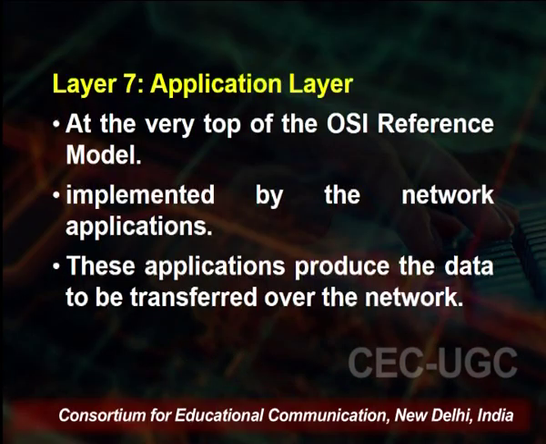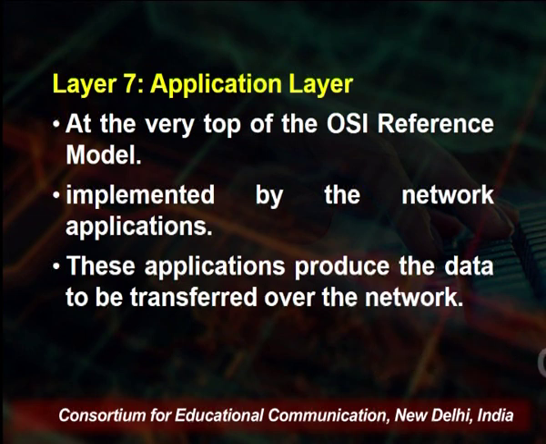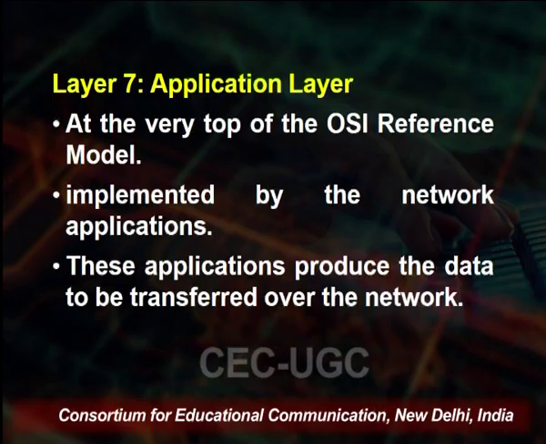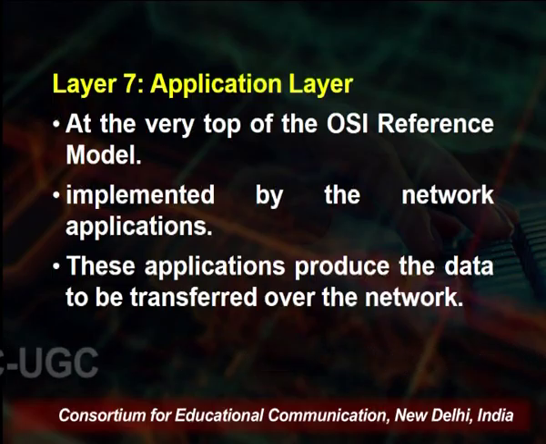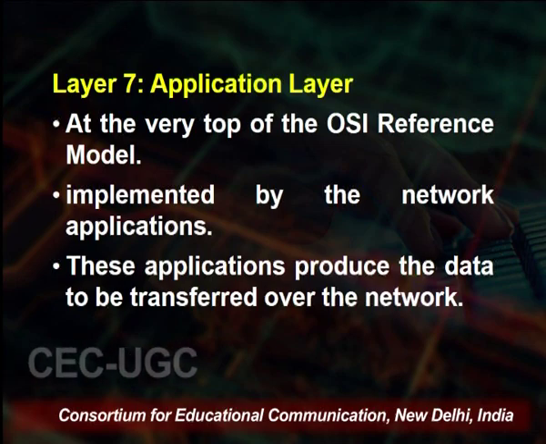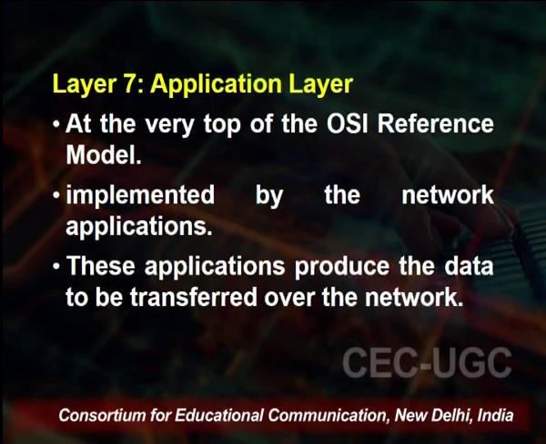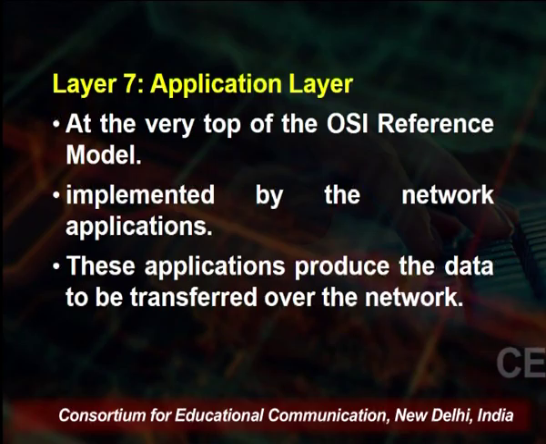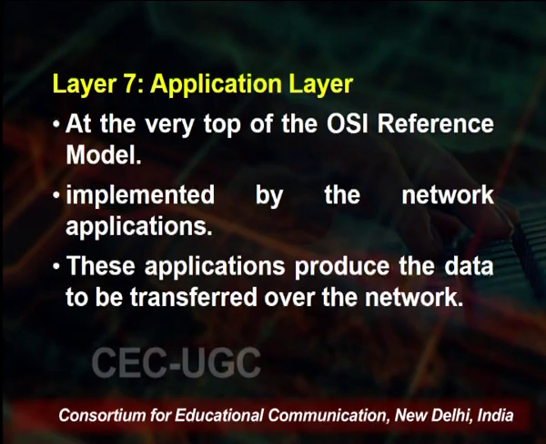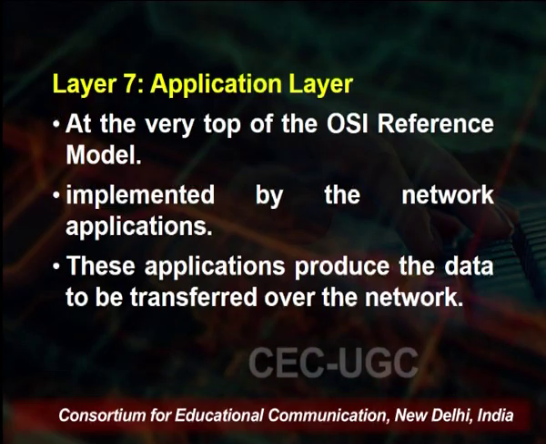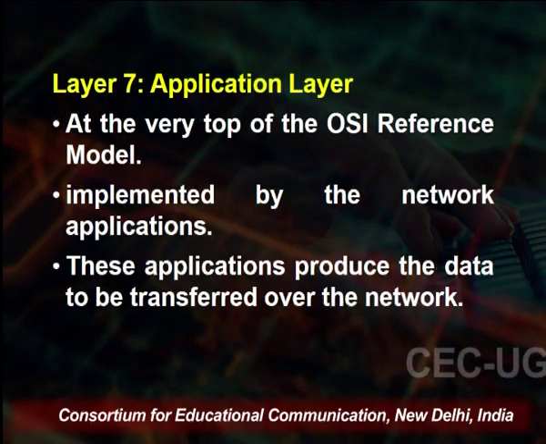It is at the very top of this OSI ISO reference model. This application layer is implemented by the network applications, and what it does is produce the data which is to be transferred over the complete network.